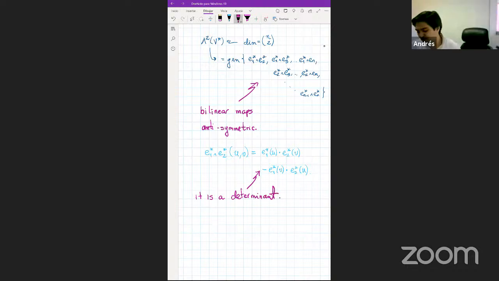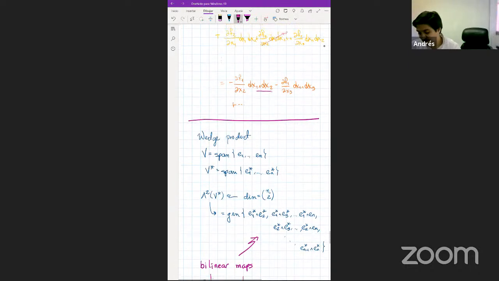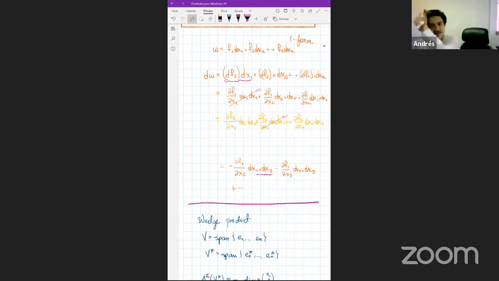Correct. So what you were seeing here, it wasn't much of the differential. It's just the wedge product, what it is.